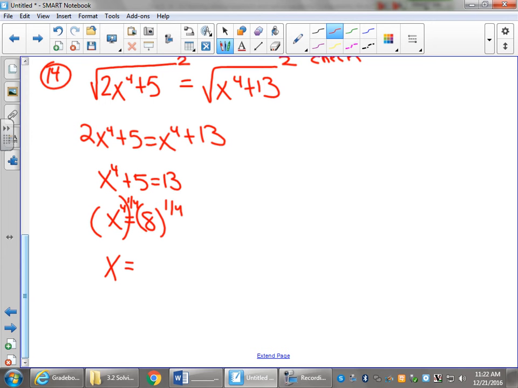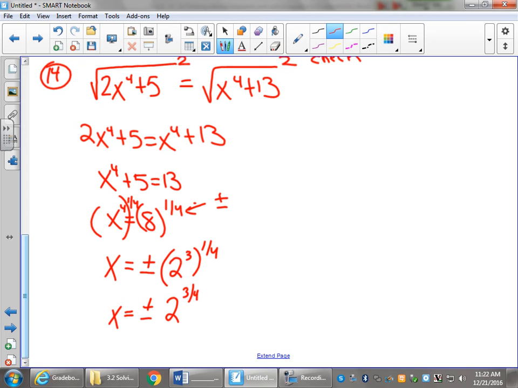Also, we are taking an even root. What does that mean? Even root means plus or minus. So we're going to have plus or minus 2 to the third to the 1/4, which equals plus or minus 2 to the 3/4 when you multiply.